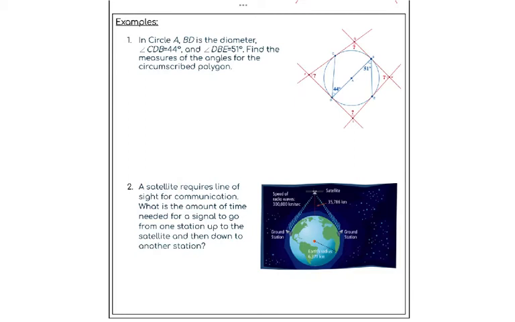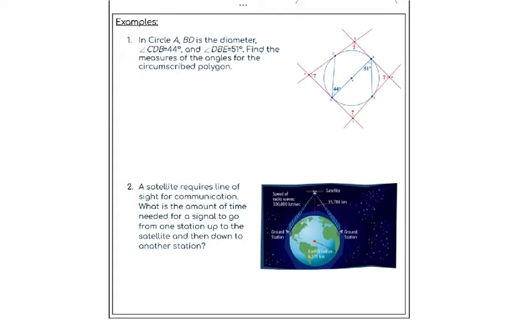Okay, so using all of that information, now I want us to put it into a little bit of a real-world perspective. So in the first circle, I'm giving you that BD is the diameter. And I gave you that CDB is 44 degrees and DBE is 51 degrees. I want you to find the measures of the angles for the circumscribed polygon. Okay, and here in a moment, I'm going to give you those angles. And then I will give you the answer to number 2 so that you can check yourself.